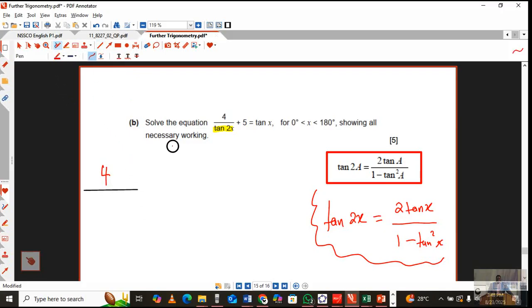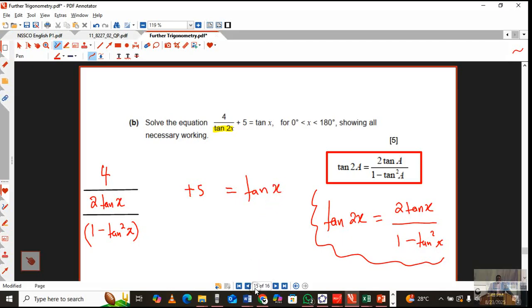Now I'm going to replace it with that whole business there. That is 2 tan x, and that also goes over something, and that something is 1 minus tan square x. I'm going to put that in brackets. Okay. Right. So this is supposed to be add 5 equals tan x.